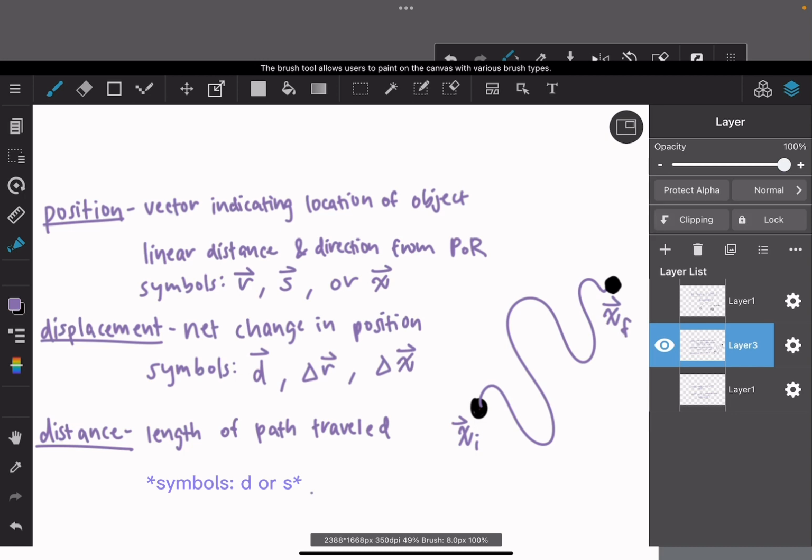Looking at this squiggly line, let's say we stretched it out all the way, so it's this one really long line. That would be distance, because that is the length the ball has traveled. All right? But displacement is the net change in position. So it is the shortest path the object traveled to get to the final position. Just think of it that way. So it would be just this line right there. That is displacement.